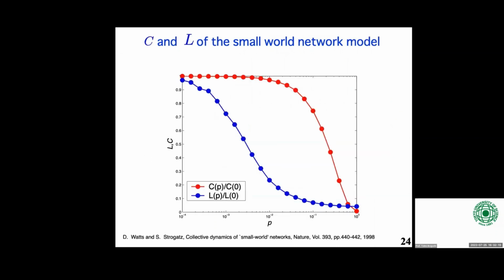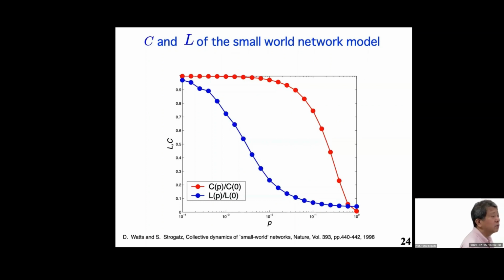So this is the result for the model of the small world network. This figure shows the result of calculating the clustering coefficient C and the average path length L from a regular network with increasing rewiring probability.